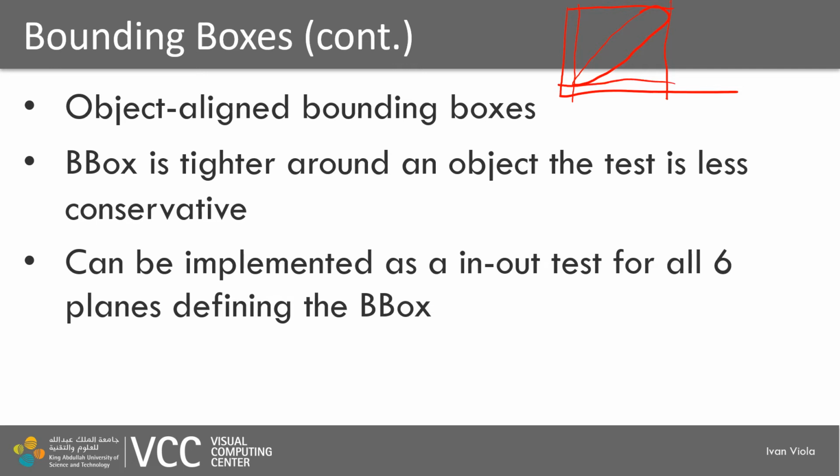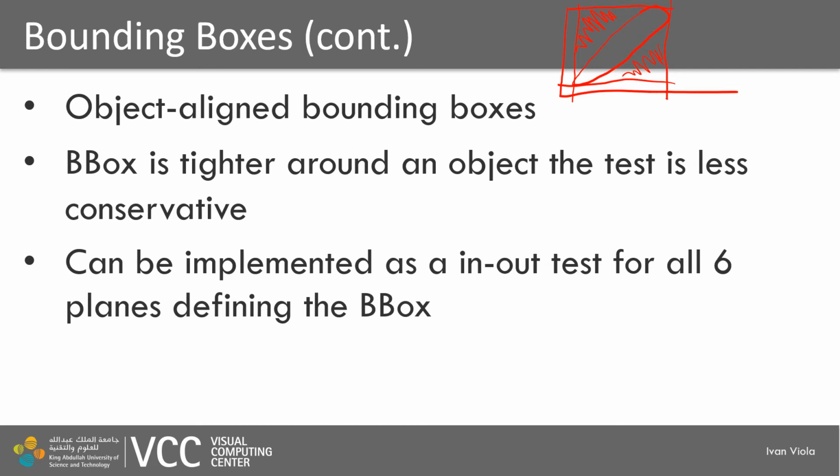So for many rays, we will have a false positive, meaning that the rays will be just passing through this area, and we will not be hitting the ellipse, but we will always be having an intersection with the bounding box.